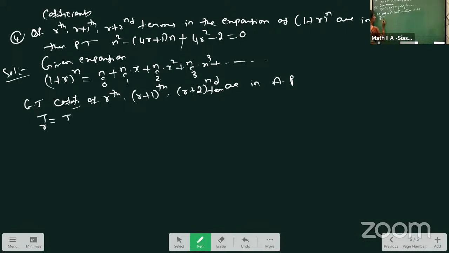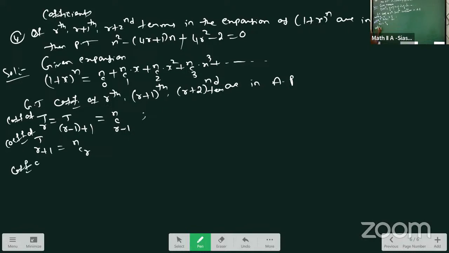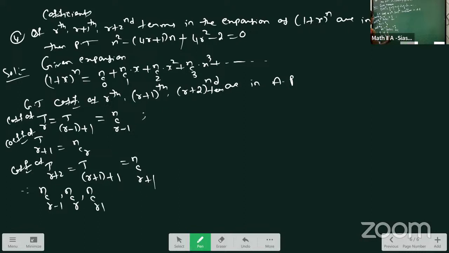T_r can be written as T_(r-1)+1. Now, what is the coefficient here? nC(r-1). Similarly, the T_(r+1) coefficient is nCr. Next, we want the coefficient of T_(r+2). This can be written as T_(r+1)+1, so it becomes nC(r+1). Now, nC(r-1), nCr, nC(r+1) are in AP, arithmetic progression.